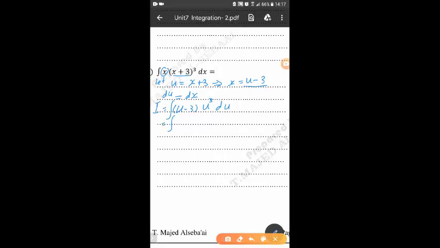Can I continue? Now, multiply out. It is u^4 minus 3u^3 du, equals u^5 over 5 minus 3u^4 over 4.